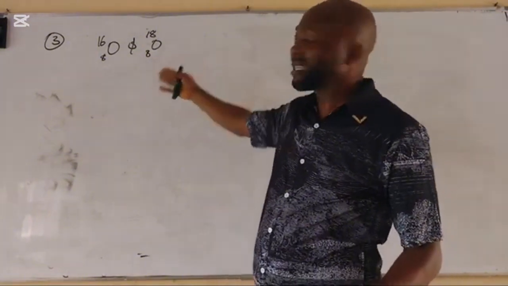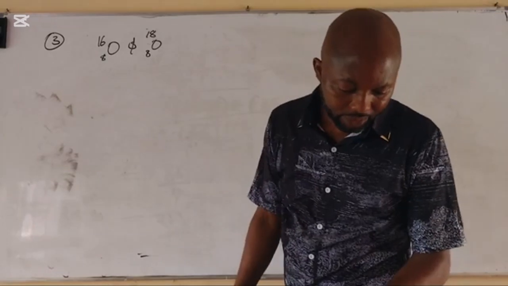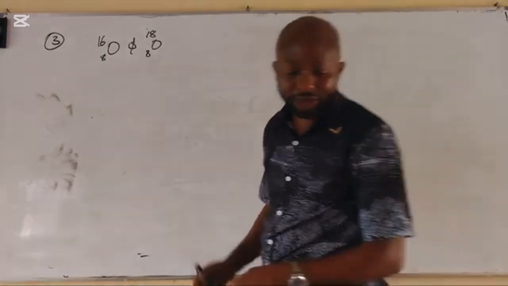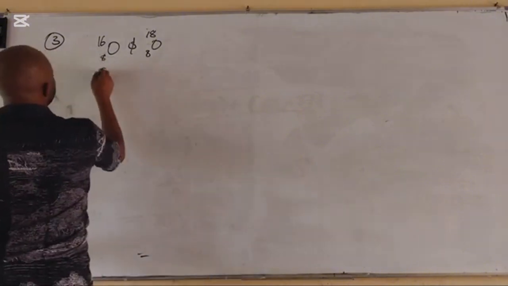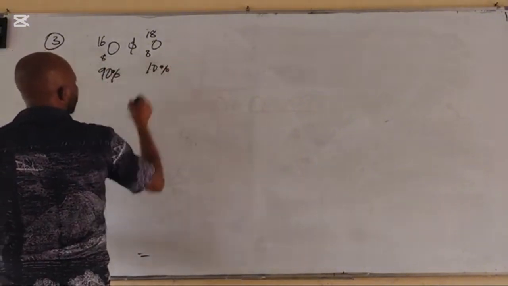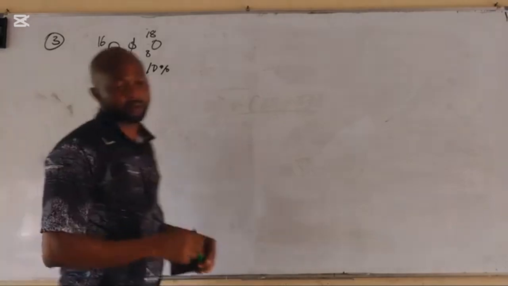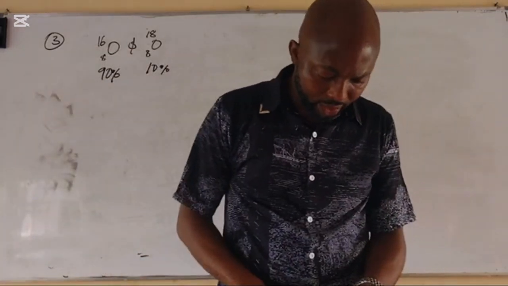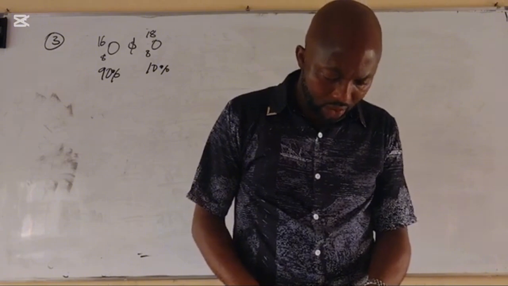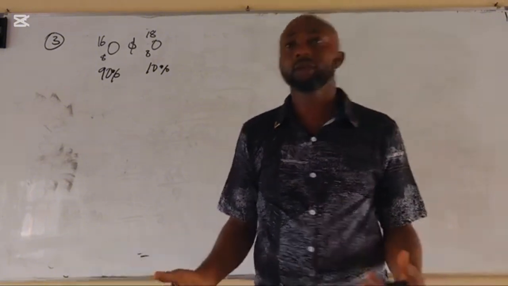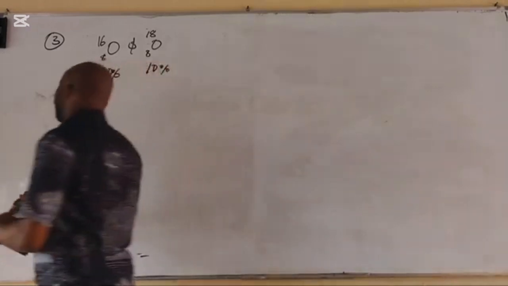All the atomic numbers are the same, 8, with relative abundance of 90% and 10% respectively. Now, the relative atomic mass of oxygen is what? So I have to calculate the relative atomic mass.